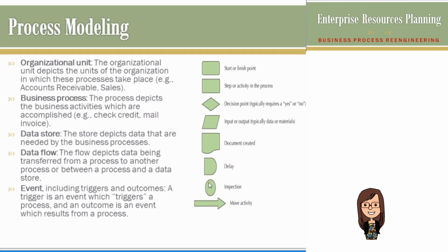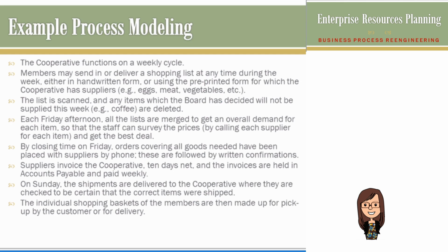So you can put the symbol. And this is the inspection. It means that when you do the checking and everything. And this is the next activity, when you have a movement activity, when you need to move from one process to another process. Okay, so this is the example of process modeling.